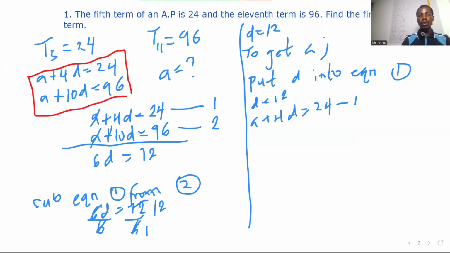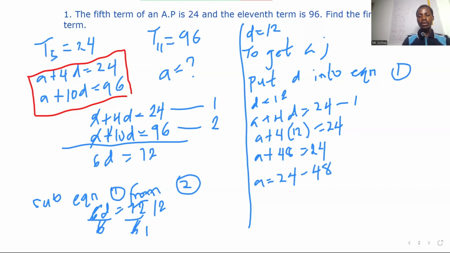So what are we going to do? We're going to have a plus 4, open bracket, our d is now 12, equals 24. So a plus 4 times 12 is going to give us a plus 48 equals 24. So our a is going to be equals 24 minus 48. 24 minus 48 is going to give us minus 24.